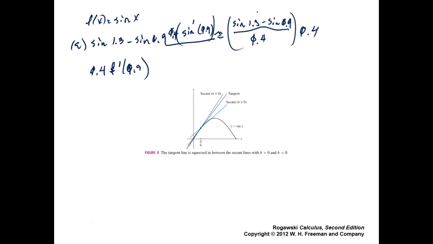If this is your sine, and 0.9 is going to be somewhere about here, and 1.3 is going to be somewhere there, this would be the difference in height between those two. I went to a lot more detail than what they did, but that's all they were looking for, the difference in the height between those two points.